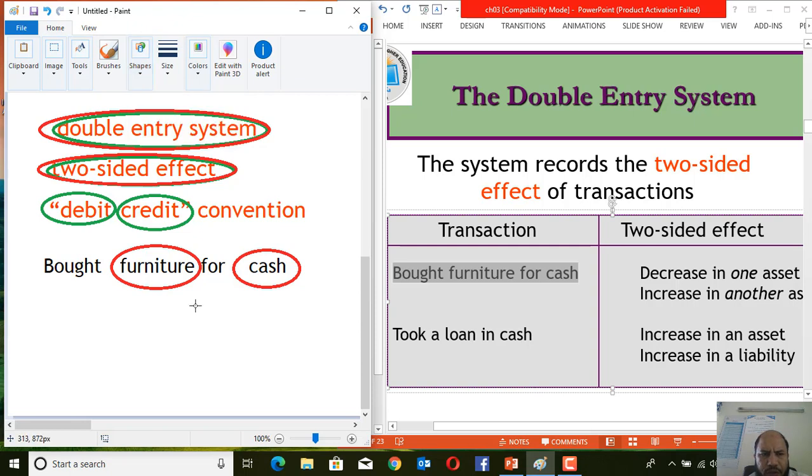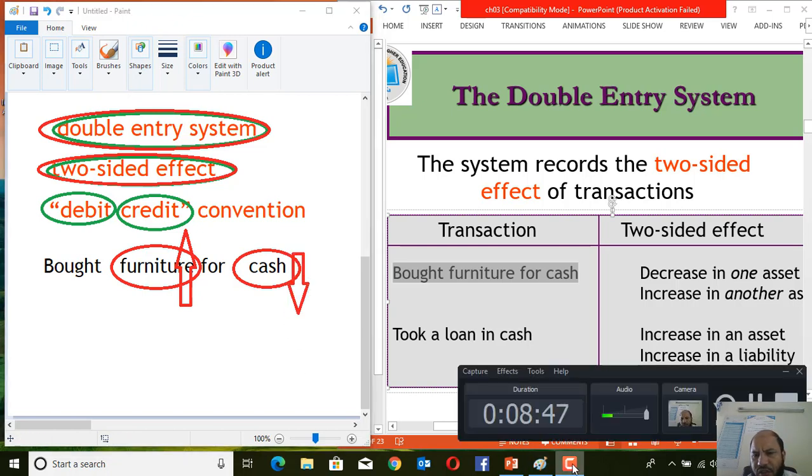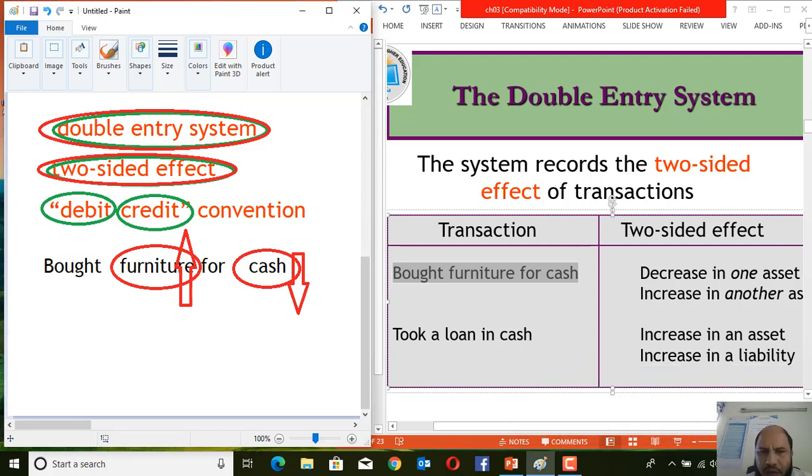Previously there was no furniture, but now the furniture account increased. On the other side, we had cash in the business, but this cash decreased. So we may say there are two cause effects in this transaction for the company.